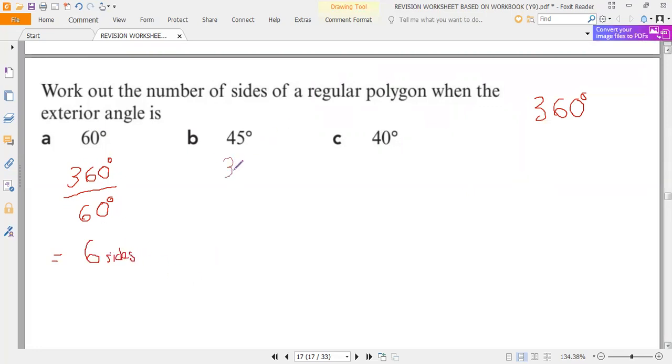Okay, 360 divided by 45 degrees. Eight sides.